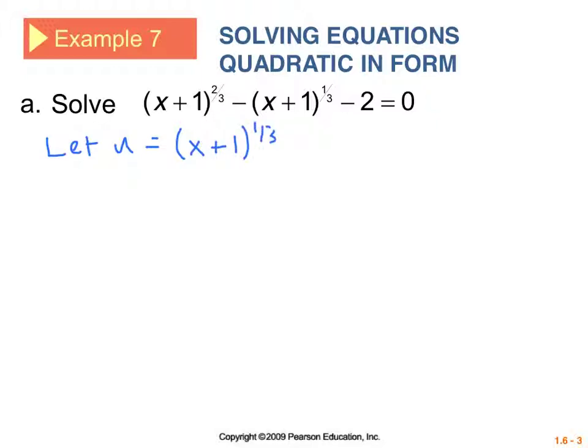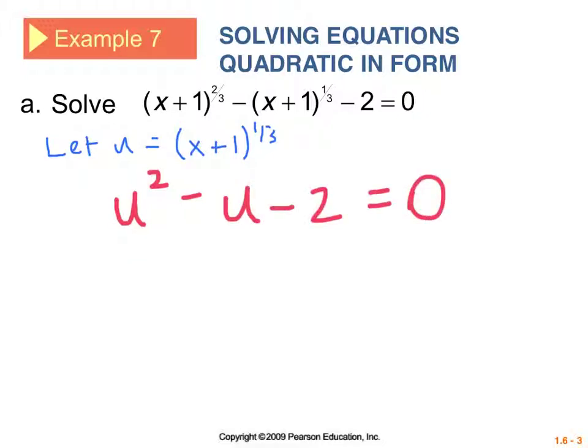And now what I can do is rewrite this equation like this. This first term becomes u squared. So I have u squared minus u minus 2 equals 0.